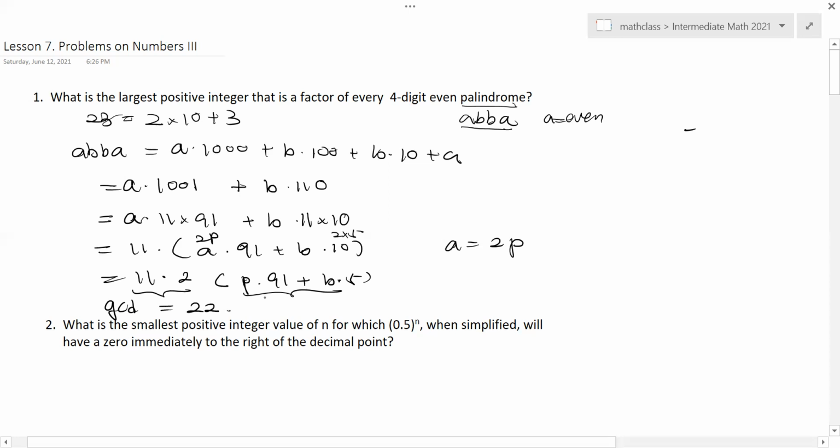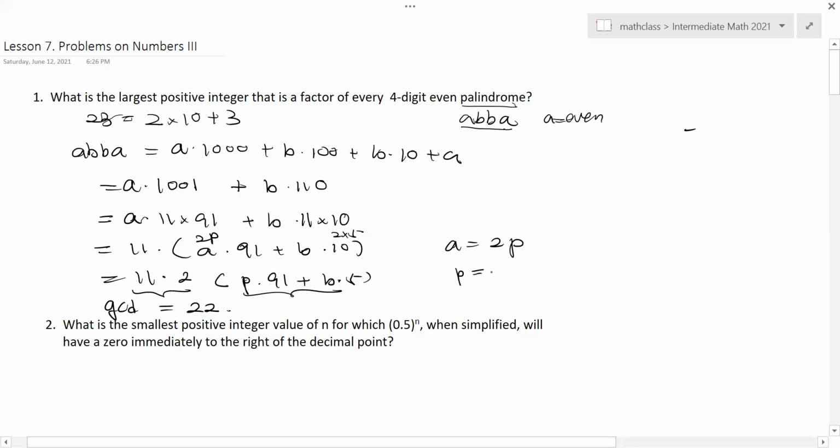Okay. And you can check that when p and B change, I don't get another common factor out of that. Because look at that, how many choices for p?